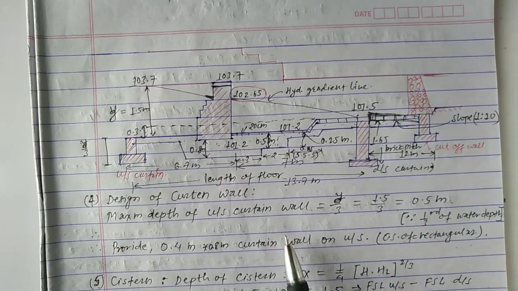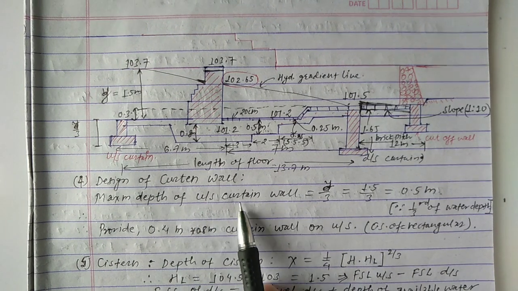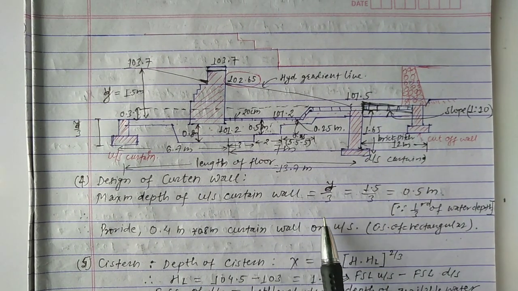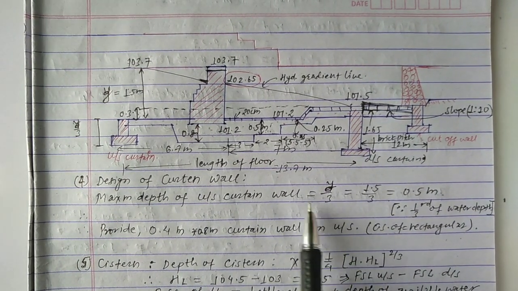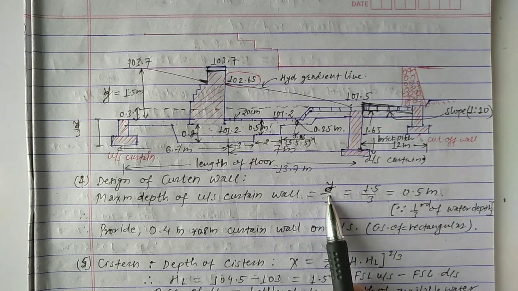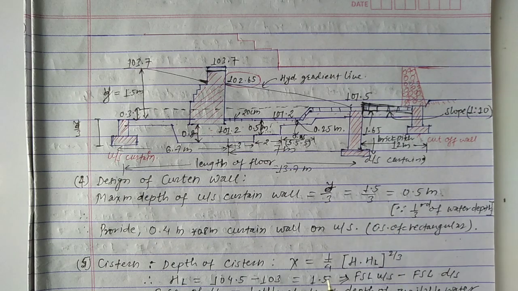After that we have to calculate the design of cutoff wall. For the design of cutoff wall, simply the maximum depth of upstream cutoff wall is taken as y/3, as I told in design steps. The value of y is given 1.5 in question. You can see here 1.5 meter.